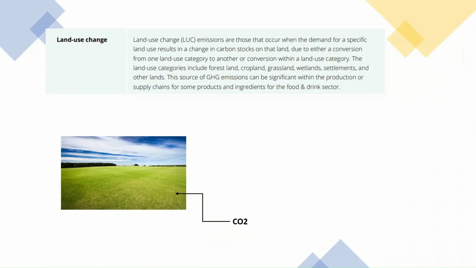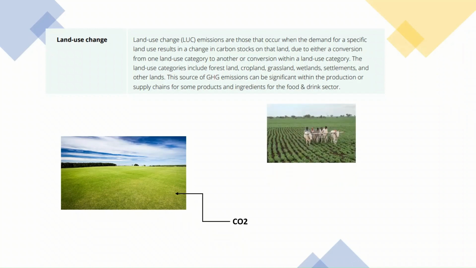So if there is carbon inside the soil, what will happen if we remove that soil over the land? That carbon will go into the atmosphere, and that will cause the emissions.